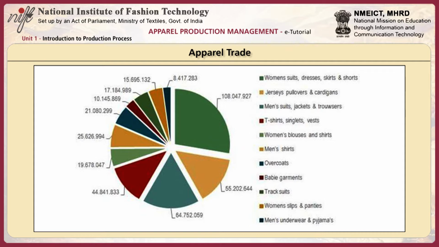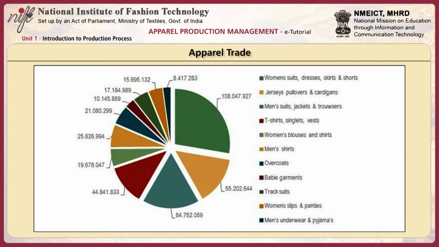In fourth position, we have t-shirts, singlets and vests, followed by women's blouses and shirts, which is again followed by men's shirts.